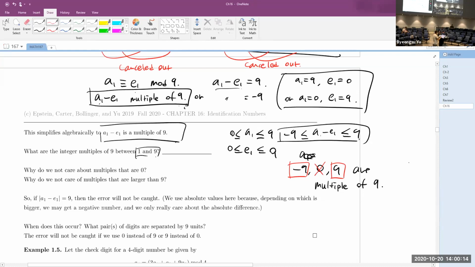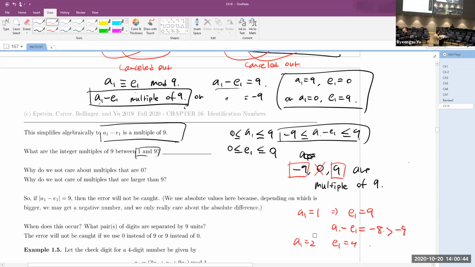But in the case of negative 9, if A1 is just 1, then even if E1 is 9, A1 minus E1 is negative 8, which is greater than negative 9. So we cannot make it, right? And if A1 is greater than 1, then definitely we cannot make negative 9. For example, A1 is 2.